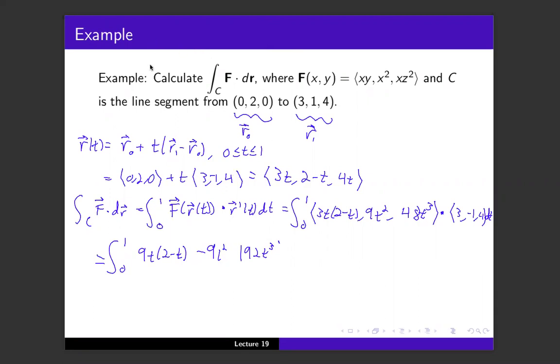Someone should fire me for this offense. You have to add all these things together, obviously, because this is a dot product. You don't get a vector out of this. So after doing out all the algebra, this becomes the integral from 0 to 1 of 18t minus 9t squared minus another 9t squared plus 192 t cubed dt.